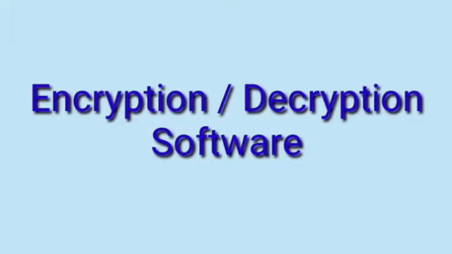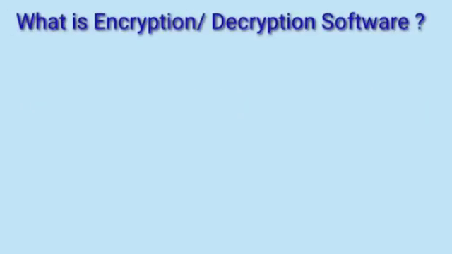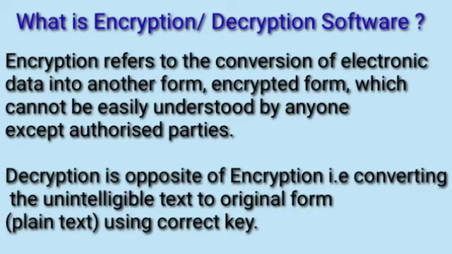Now I'll tell you about the encryption and decryption software. What is encryption and decryption software? These are kinds of software which are helpful for encrypting your data. Now what do the terms encryption and decryption mean? Encryption refers to the conversion of electronic data into an unintelligible format which is not understood by anyone except the authorized parties.